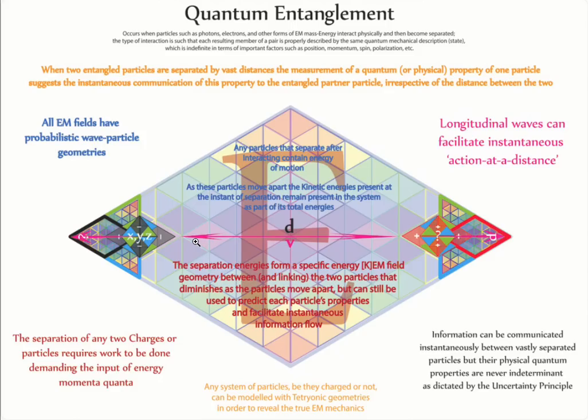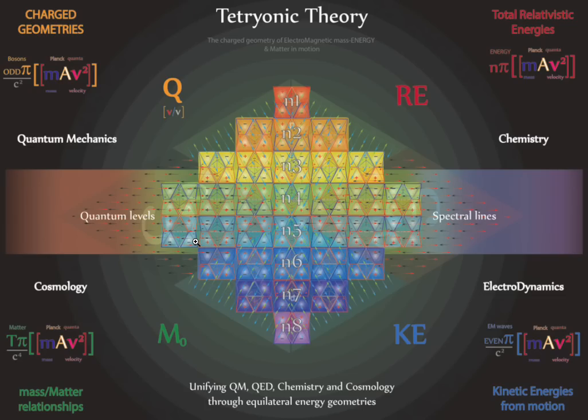What we want is finite quantum models for all mass energy matter interactions, and that's what Tetryonics gives us, as well as explaining all the properties that relativity attempted to explain over the past century. We can obviously apply this, as I just said, to all mass energy matter arrangements in the universe.